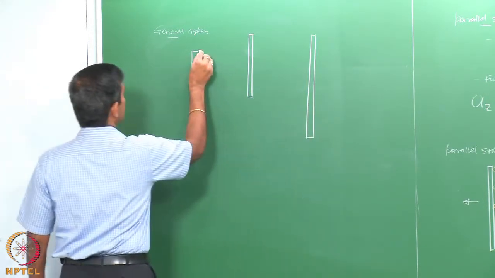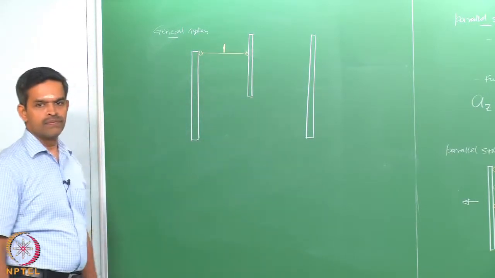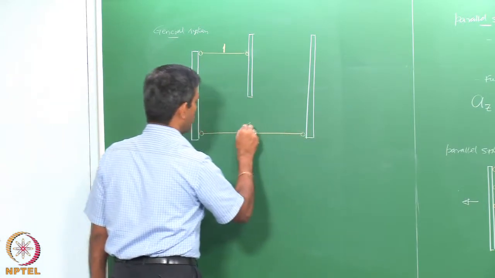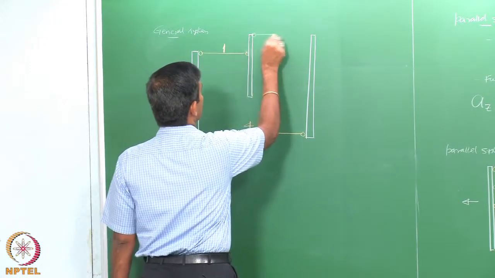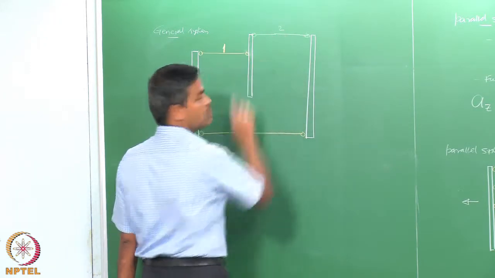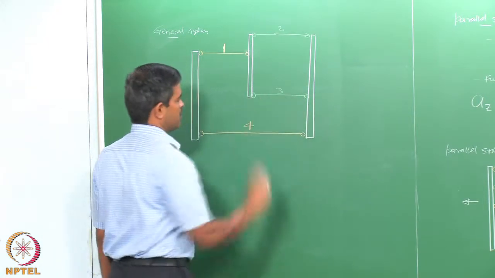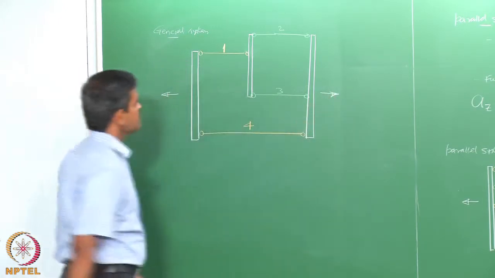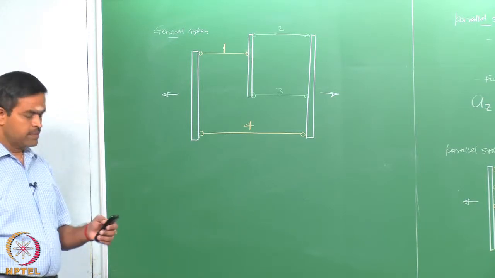So, I have links here, I call this 1, I have links here, I call this 4, I have links here, I call this 2, 3, 4. So, the system can expand either way. So, it is a combination of series and parallel systems.